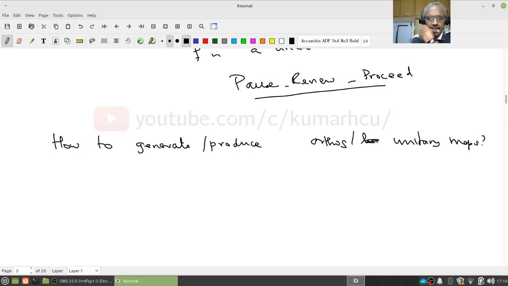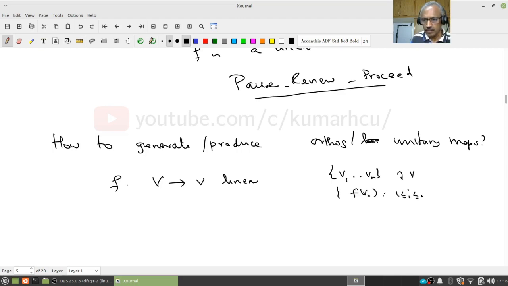Remember, if f from V to V is linear, it is known as soon as I know its action on a basis. If v_i is a basis of V, and I know what is f of v_i, then I know what is f. But remember, now V is an inner product space. So what is the next question I should ask for? I should look for an orthonormal basis.